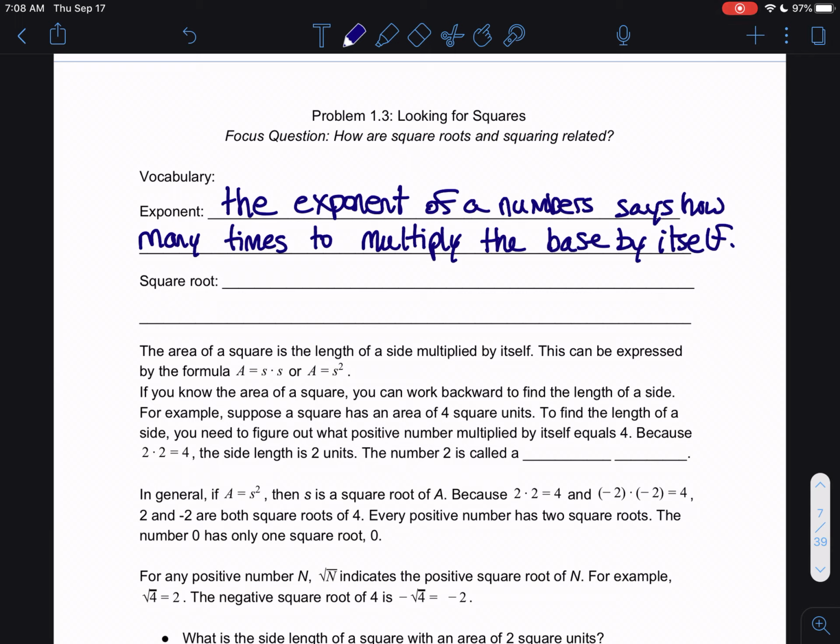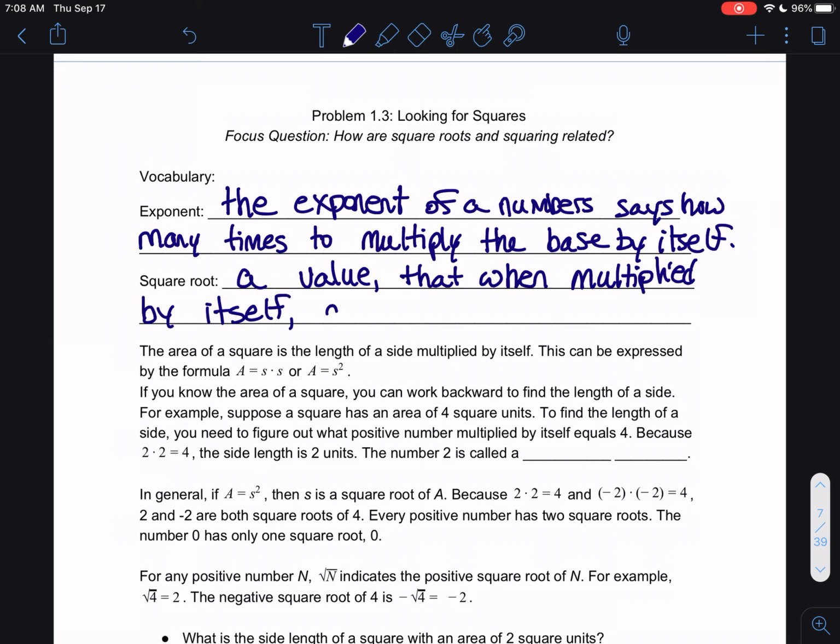Okay, and then a square root is a value that, when multiplied by itself, gives the number. And that's going to make a heck of a lot more sense in a little bit.